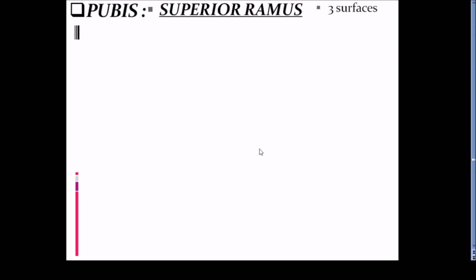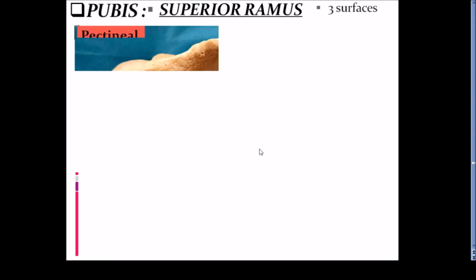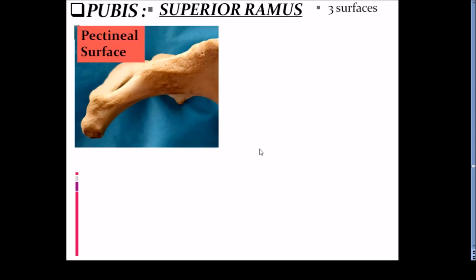Now we discuss the 3 surfaces of the superior ramus. First, this is the pectineal surface. It is a triangular area.